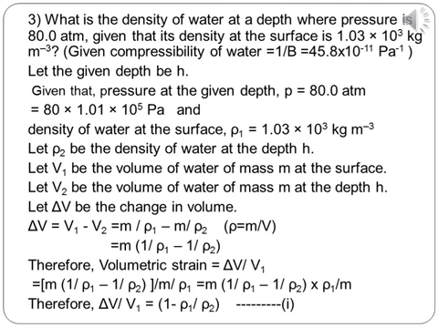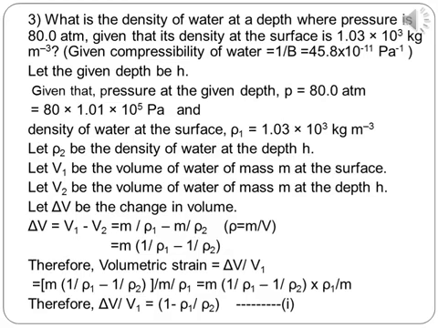Then, what should be the change in volume? Let it be delta V is equal to V1 minus V2, which is equal to m divided by ρ1 minus m divided by ρ2, since density ρ is equal to mass per unit volume m by V. Then V is equal to m by ρ.